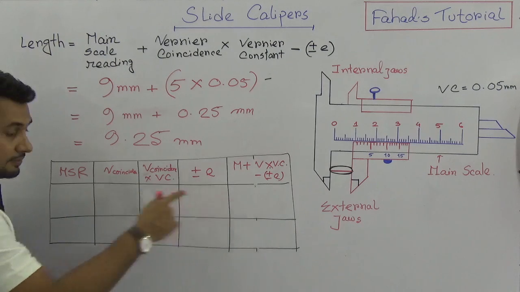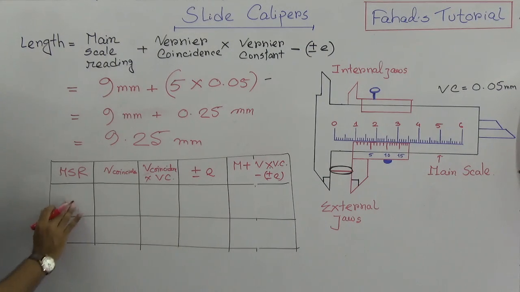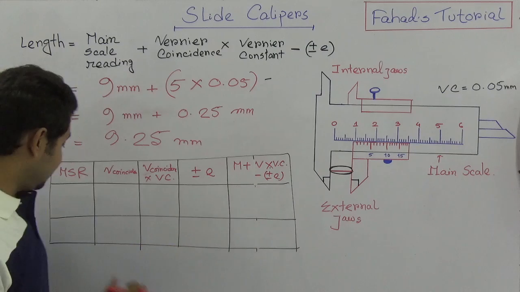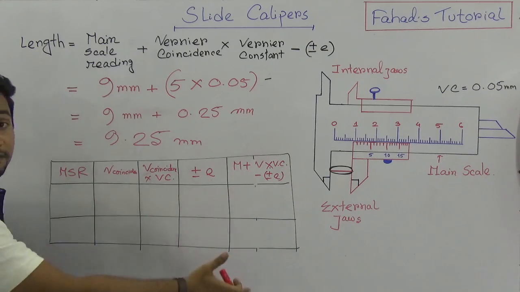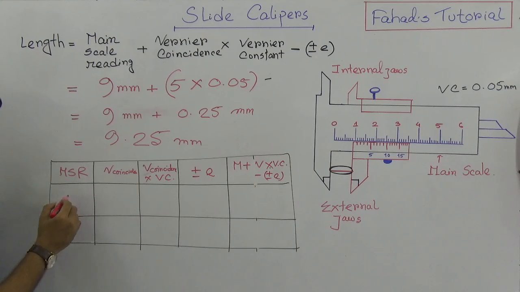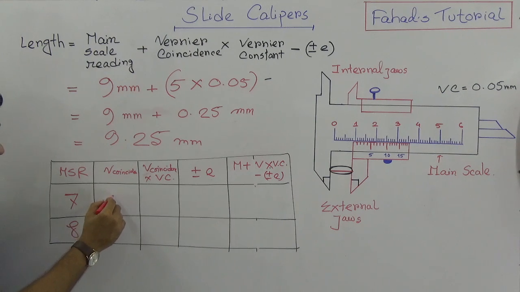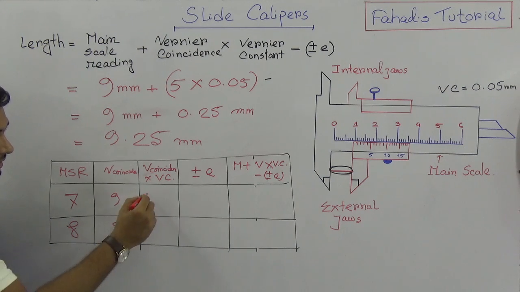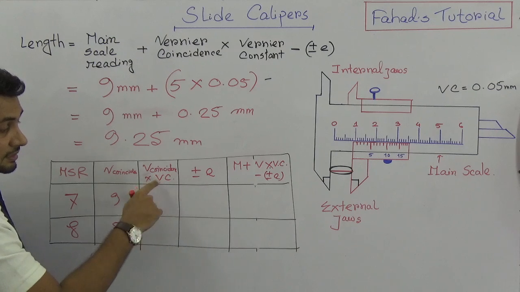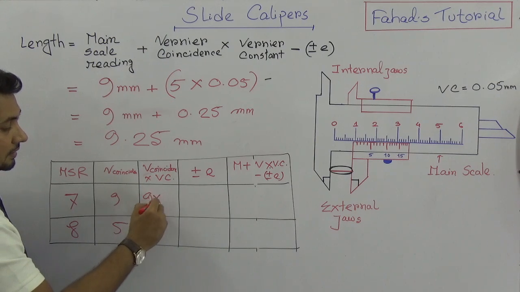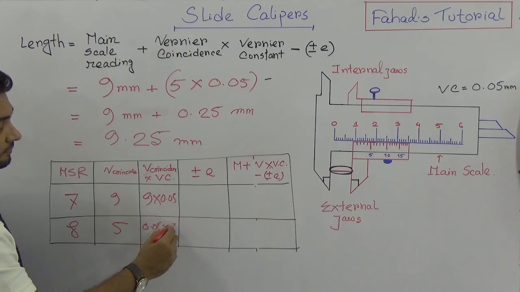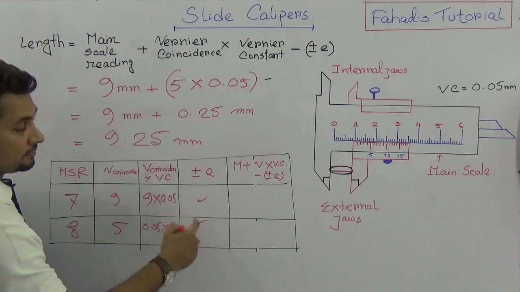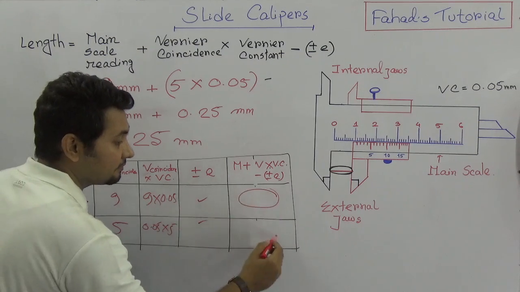When you find these values, we will use them several times. Suppose we are measuring length, then we have to measure 3 times. If we are measuring breadth, we have to find it 3 times, and then the arithmetic mean. Suppose the main scale reading is 7, or 8, the Vernier Coincidence you got 9 or even just 5, and then you find VC, that is 0.05 times 9, 0.05 times 5, and if there is any mechanical error, use it and find the value.